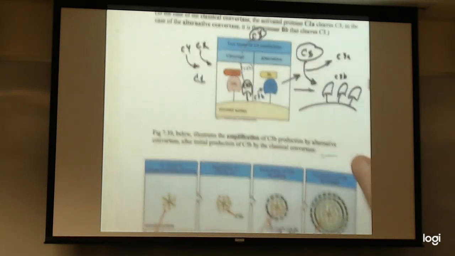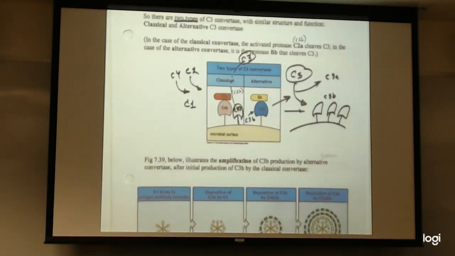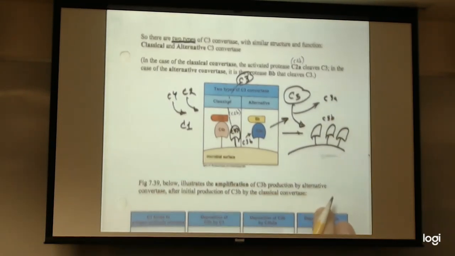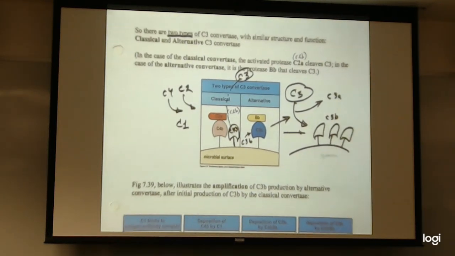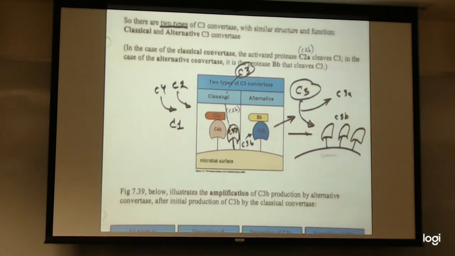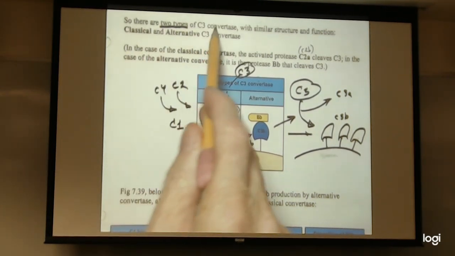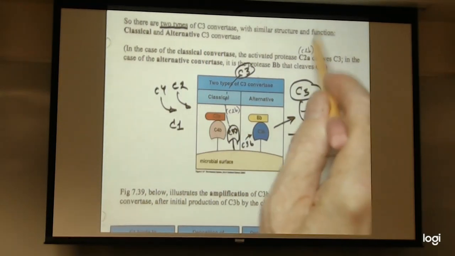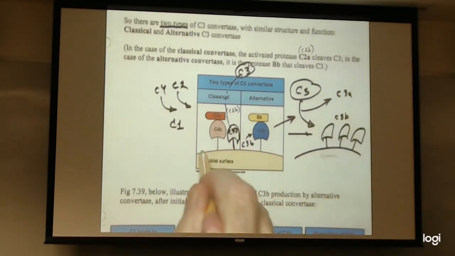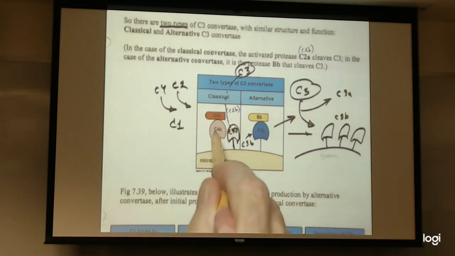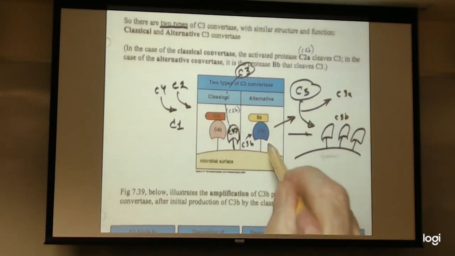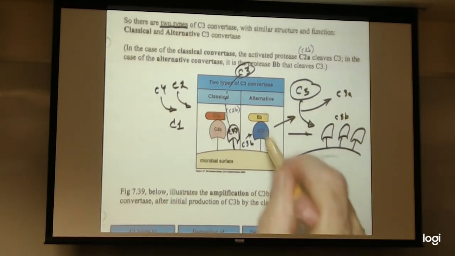So, in summary, there are two types of C3 convertase, similar in structure and function: the classical C3 convertase, C4b2a, and the alternative convertase, C3bBb.